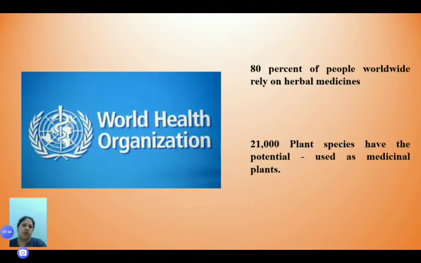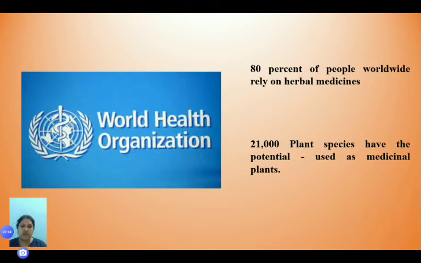Next, coming to the World Health Organization. The World Health Organization tells that 80% of people worldwide depend on herbal medicines. And one more piece of information they are giving is that more than 21,000 plant species have the potential to be used as medicinal plants.